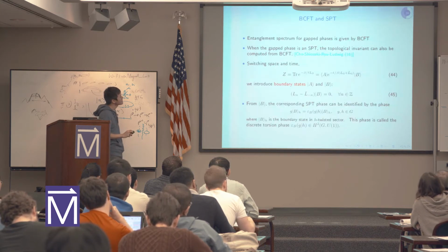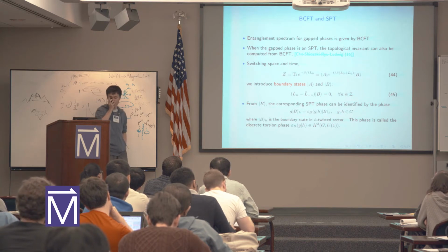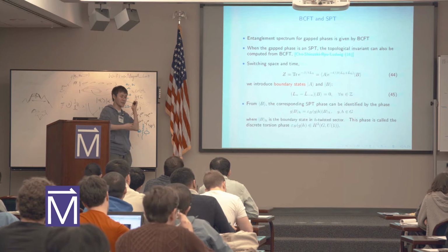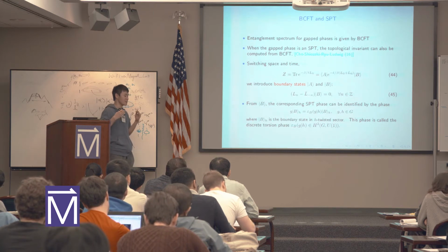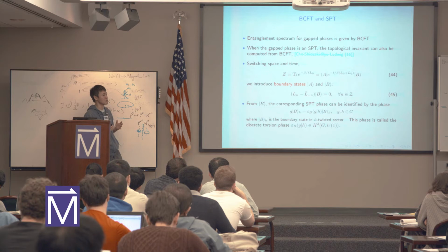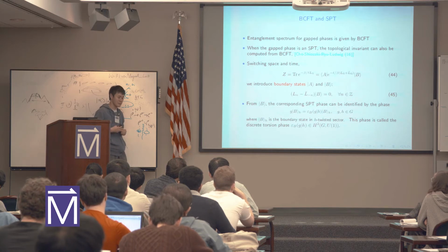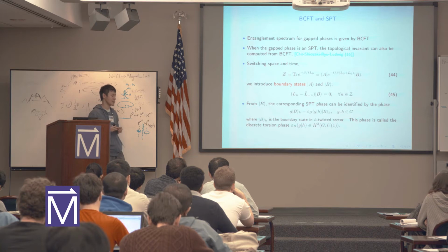Okay, right? Yeah, so I want to say a few more words about this. So this line of thinking suggests that there's a correspondence between boundary conditions in conformal field theories and possible SPT phases or trivial phases in gapped phases, which is adjacent to a conformal field theory.